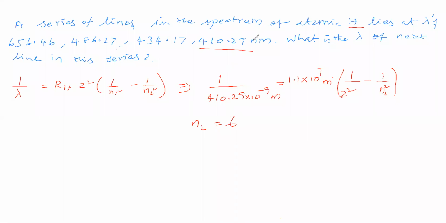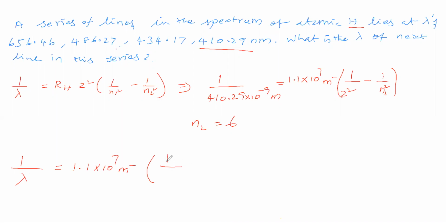Now they are asking for the next wavelength in this series. Therefore, 1 by lambda is equal to Rydberg's constant RH, 1.1 into 10 power 7 per meter. Z is 1 for hydrogen, so leave it. Then 1 by n1 square.